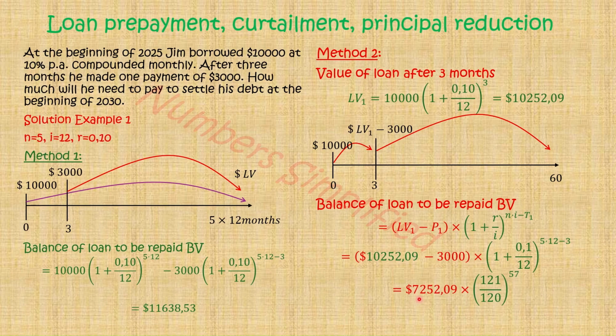Then with that, we are going to end up having something of this nature. $7,252.09. And then we have the second parenthesis, 121 divided by 120 raised to the power 56. I'm doing this because I want to keep my values exact.